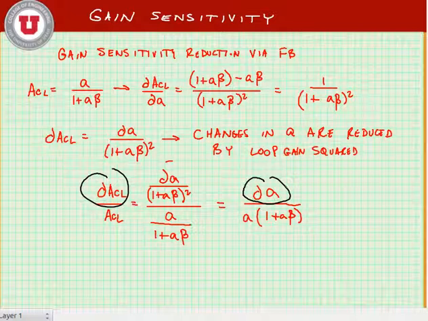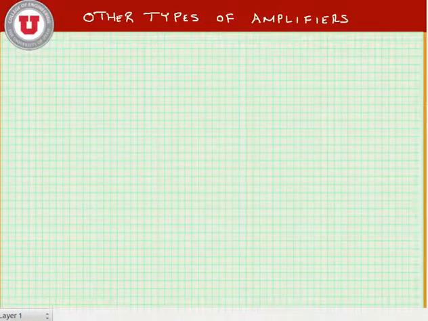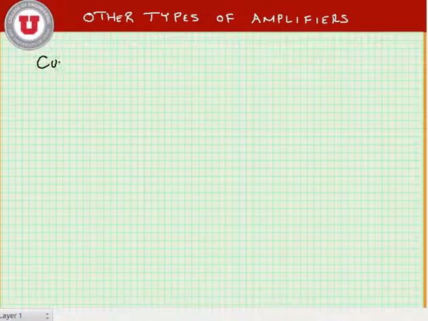Alright, what we're going to start to look at now is what types of amplifiers can we make and what would the impedances be based on the type of feedback that we use. So first, let's look at what we would want for ideal current amplifiers, for instance. What do we want the impedances to be at the input and the output?